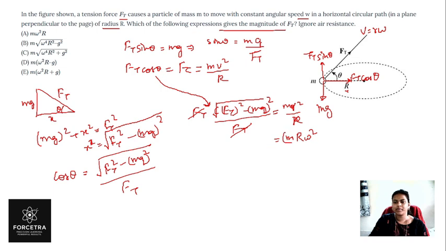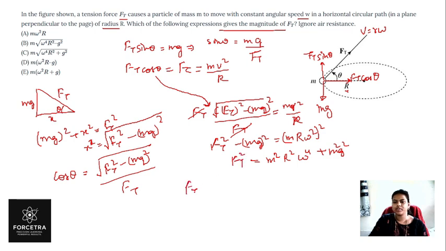And squaring both sides, so it would be Ft square minus mg square, right? So this would be m square R square omega 4, plus m square g square. This is the Ft square.